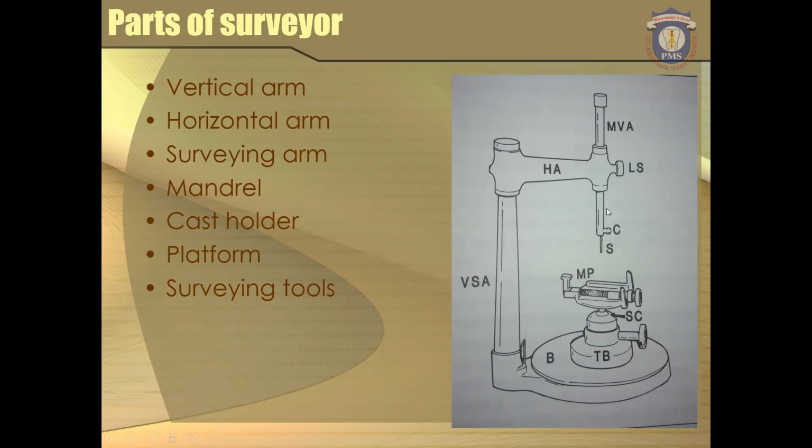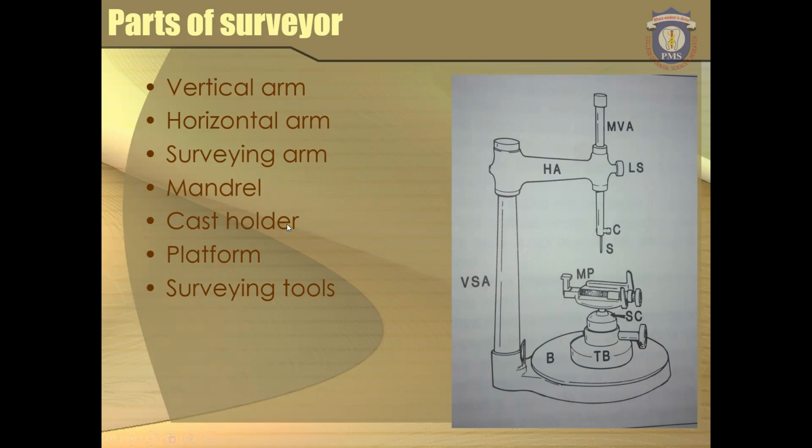The surveying arm has the end which has the mandrel to which different surveying tools are attached. The cast to be surveyed is placed on this cast holder, which in turn is supported by a platform.